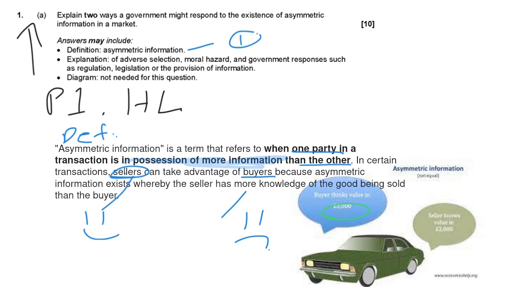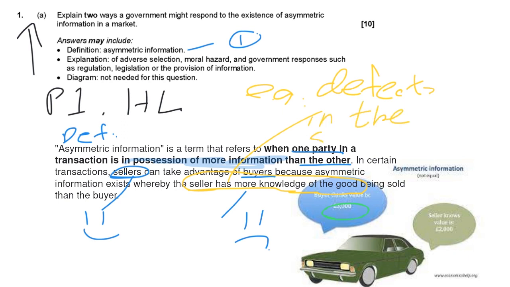In this example, sellers have more knowledge of the goods, including the defects in the second-hand car. You must give an example to illustrate the meaning of asymmetric information. That's all for 1A.